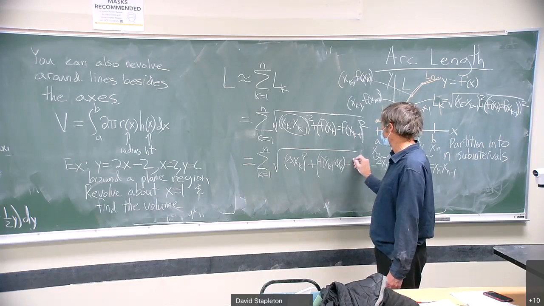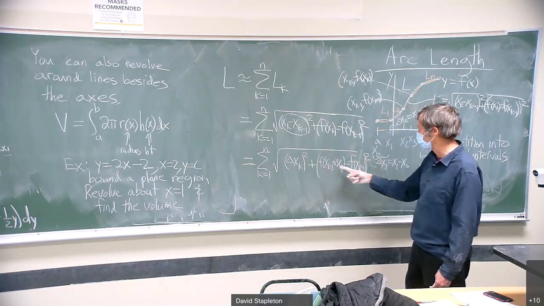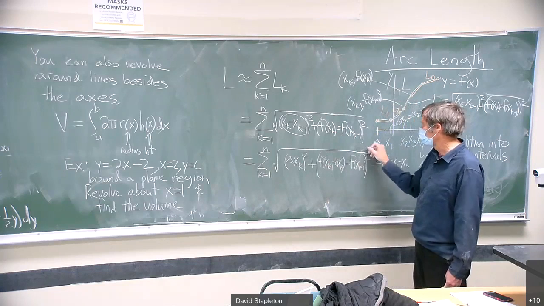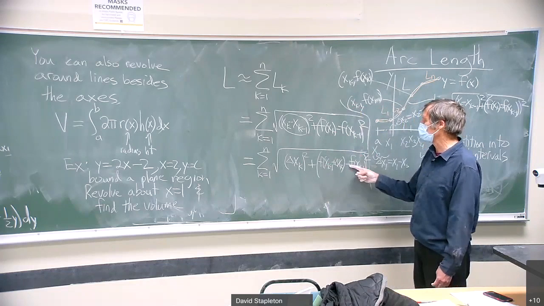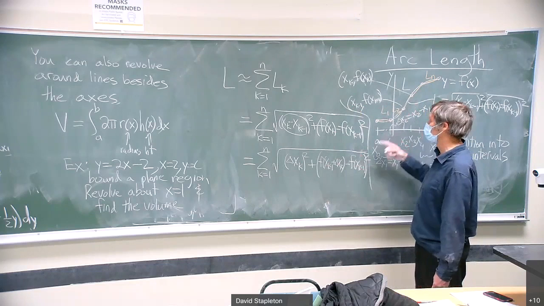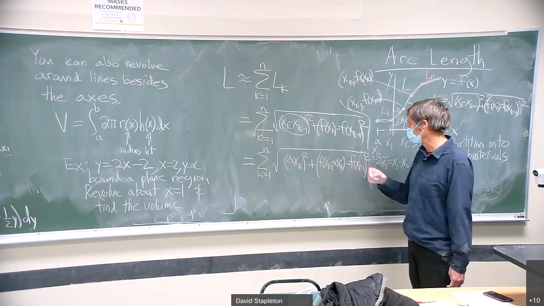So xk we'll just write as xk minus 1 plus delta xk. Sorry, it's getting a little tedious. Let me know if it gets hard to follow. But this is the length of the kth line segment by the distance formula. That's all it is.